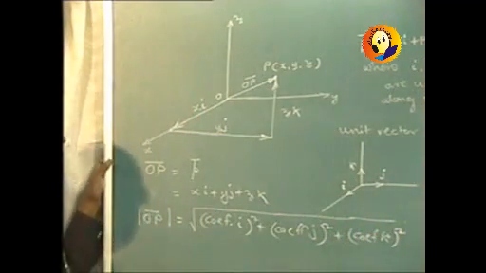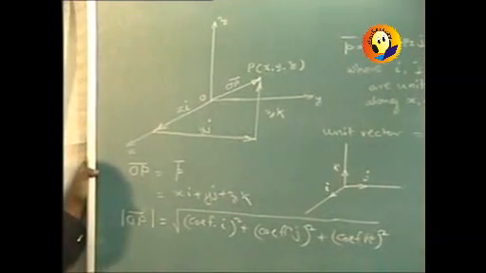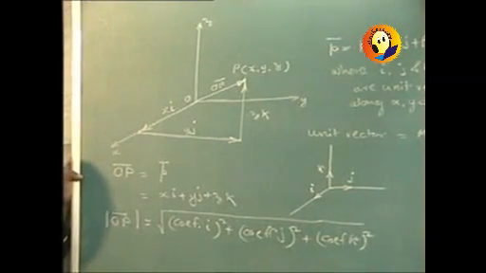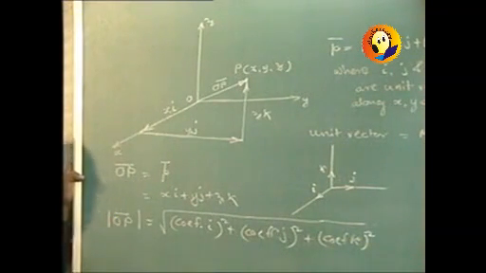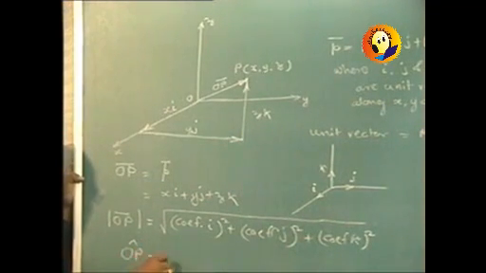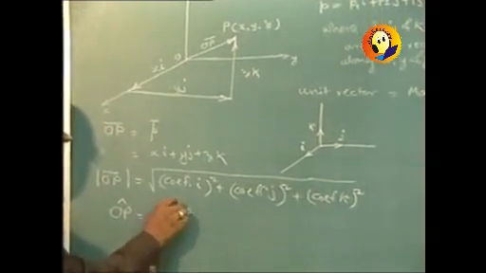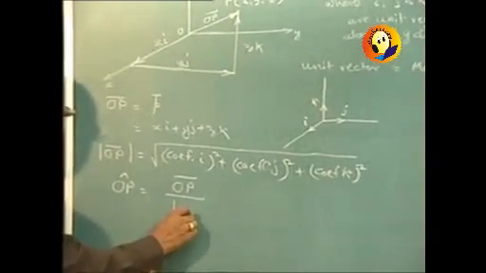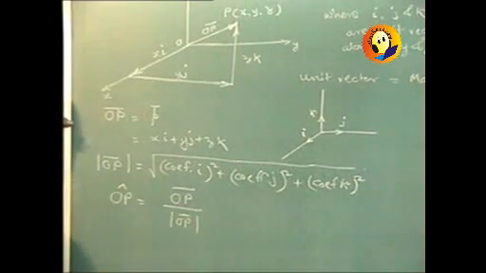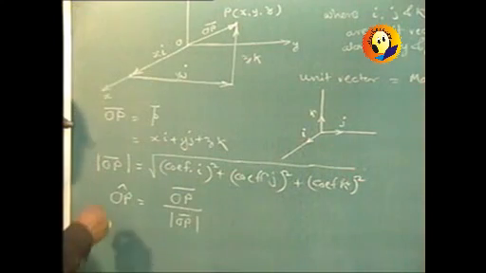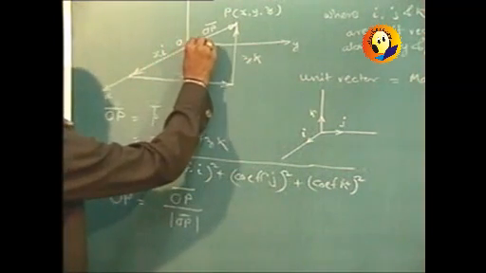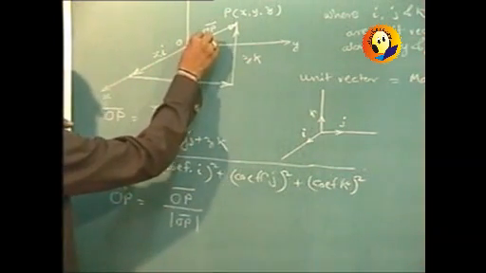So this will be the formula by which we can find the magnitude of the vector OP bar, and the unit vector OP bar can be written as vector OP bar divided by the magnitude of OP bar. Unit vector means it is the vector having magnitude 1 but the same direction as that of OP bar.